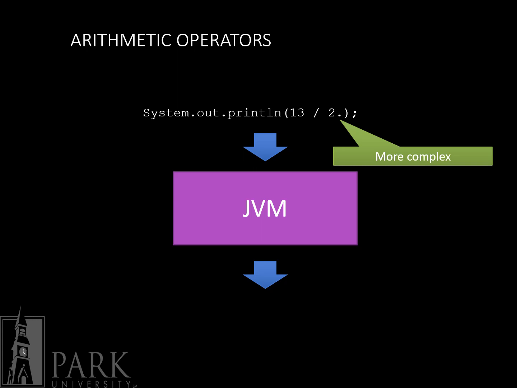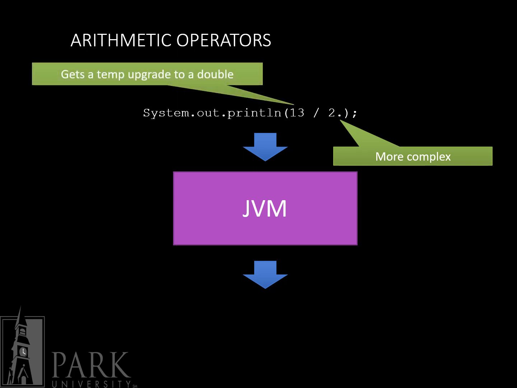Double values are considered to be more complex than integer values because double values contain a fractional component. And whenever there's a mixed expression, the JVM temporarily promotes the less complex operand type to the more complex type so that it matches, and so then the JVM applies the operator. So in this example, the 13 gets promoted to a double, and then the floating point division is performed. So this expression right here will evaluate to 6.5.